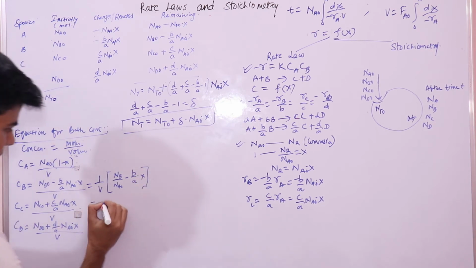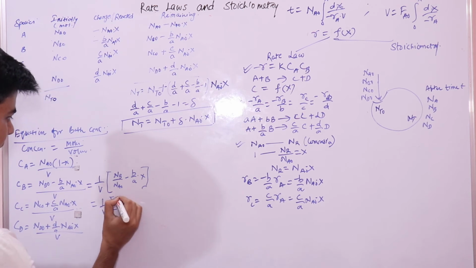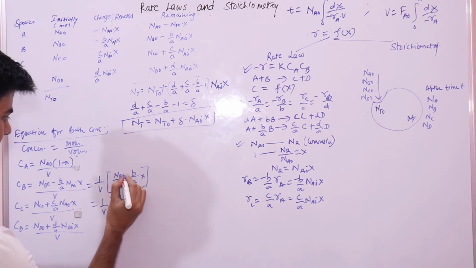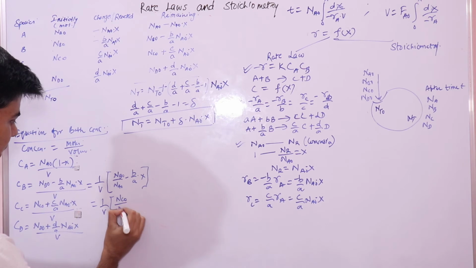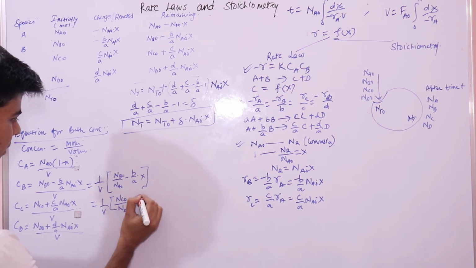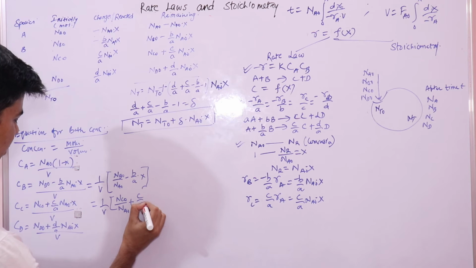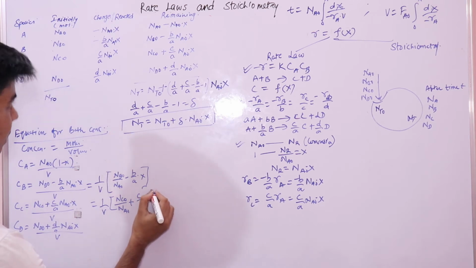Similarly, with 1 upon V, this is Nc0 divided by Na0 minus C upon A x.